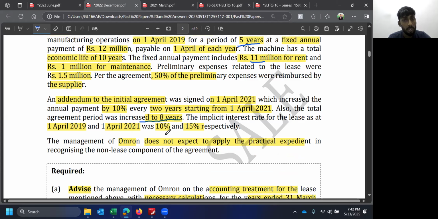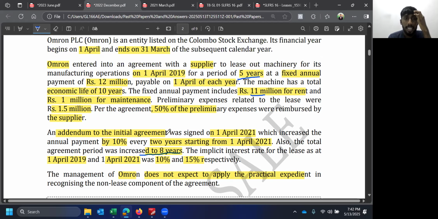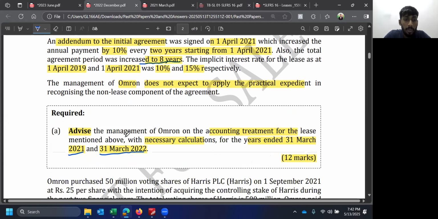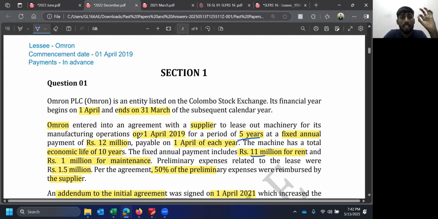Why? What's the reason? Because in this question, they have not given that Omron has accounted it. No? So they are in a need that how we need to initially measure and then how we need to subsequently measure in year ending 31st March 2021 and 2022. So we need to start from what?